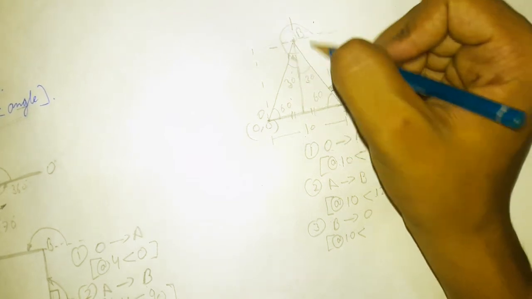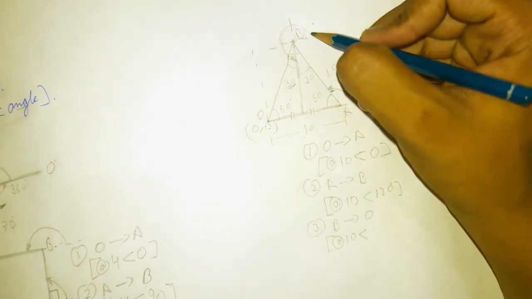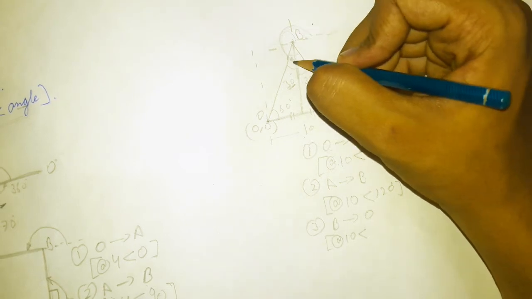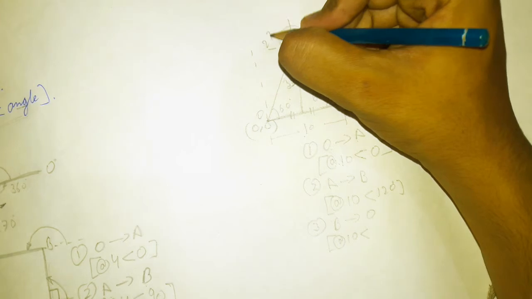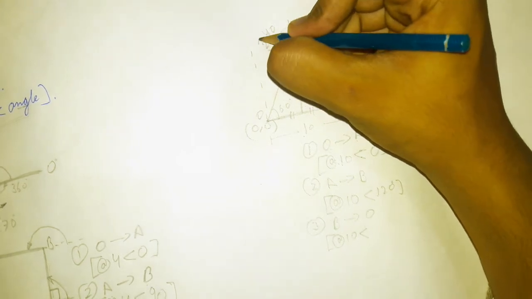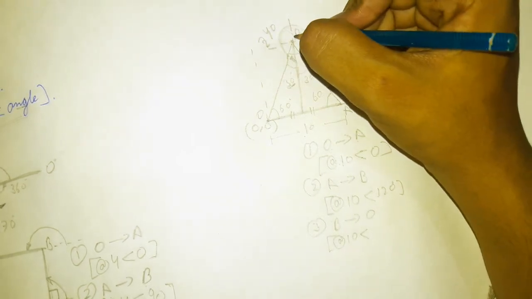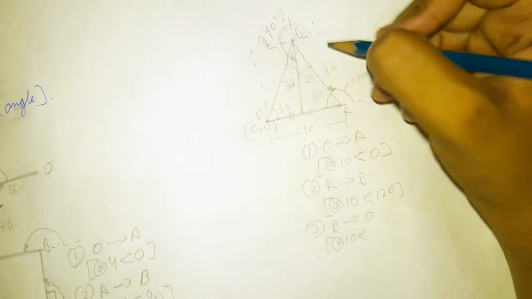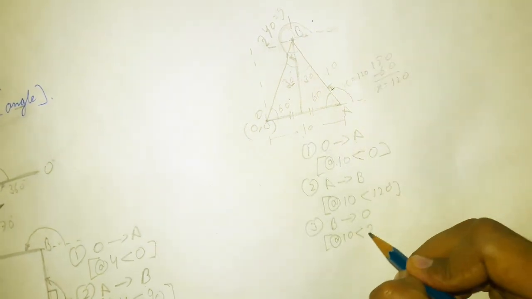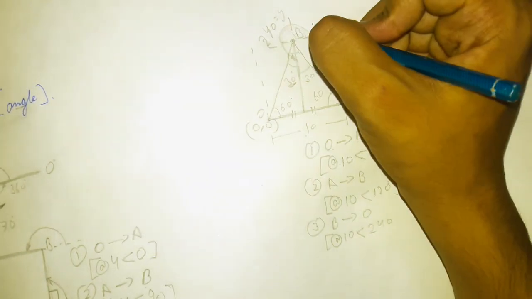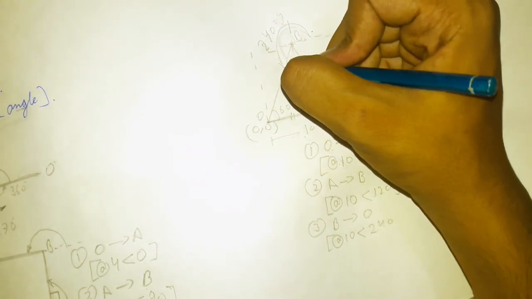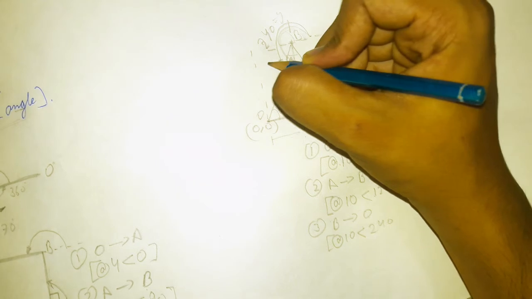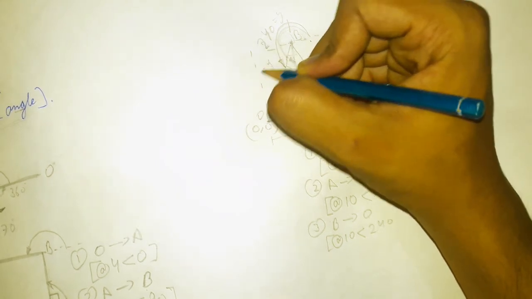To find this, we have to subtract 30 from 270 degree angle. So we get 240. And hence this is a 240 degree angle.